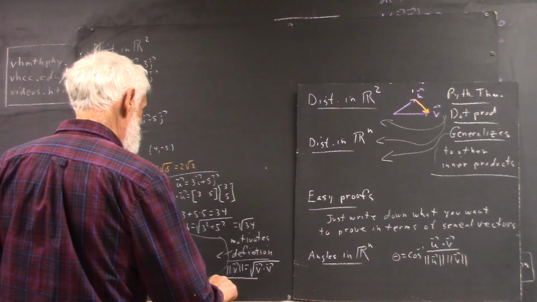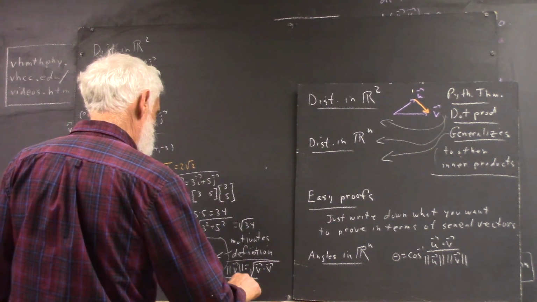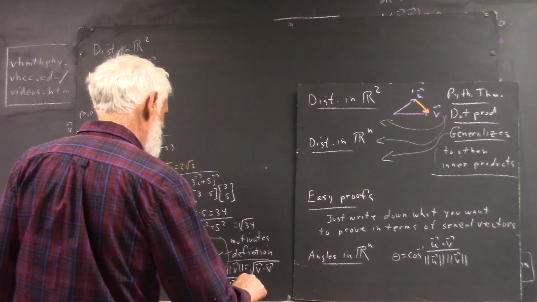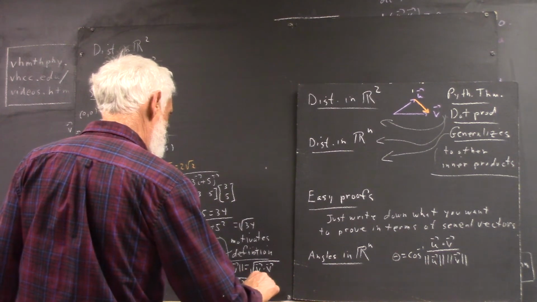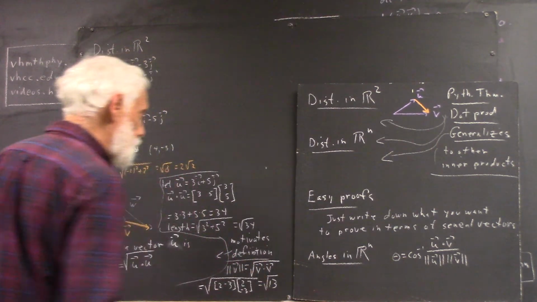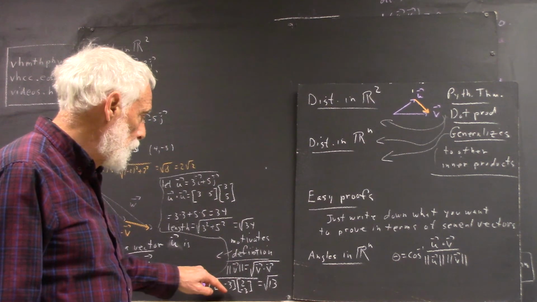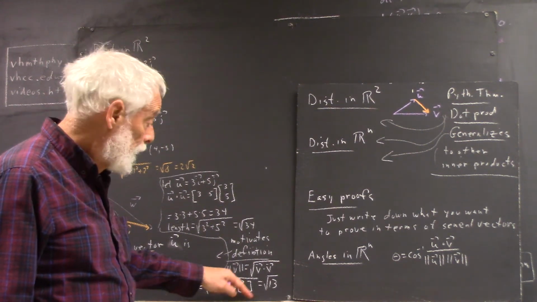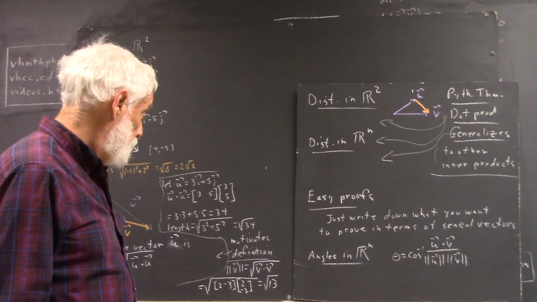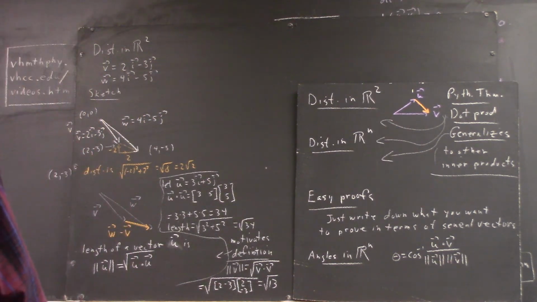So if I write this as a row, 2, negative 3, and then as a column, same vector, that comes out to the square root of 13, and the calculations are trivial. 2 times 2 is 4, negative 3 times negative 3 is 9, add them up, you get 13. Okay? So that's the definition of length. Now we'll continue.